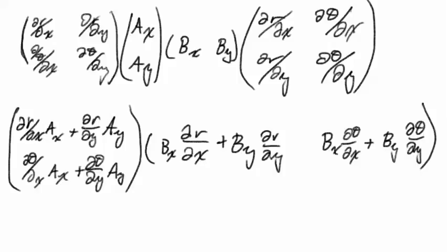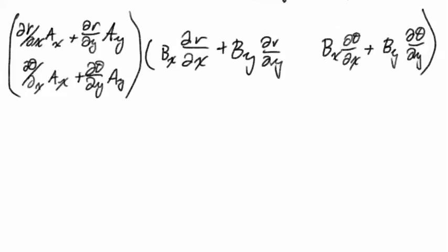And then we will multiply those two matrices together. This is an outer product, so it's going to be a 2 by 2 matrix in the final version. And I'm just going to use the FOIL method consistently here, first, outer, inner, last, so we'll have a pattern. The first one is del r, del x, a sub x, b sub x, del r, del x.